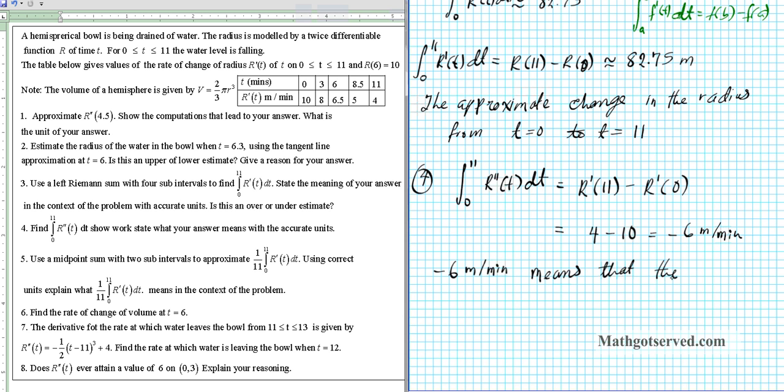It means that the change in the rate of change of the radius is negative 6 meters per minute. If you think about velocity, position, and acceleration, this can be viewed as a change in velocity. When you integrate your acceleration, you're dealing with change in velocity. That's what we are looking at here.